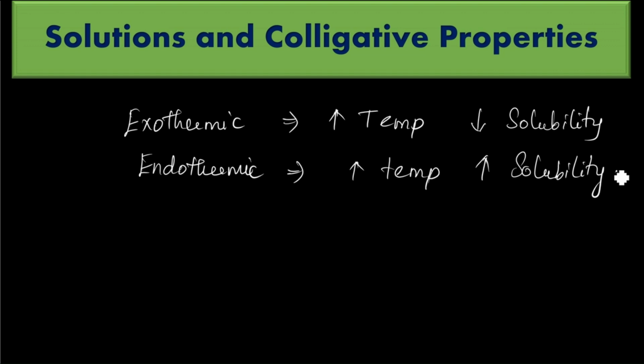Next, concentration. Why is that so important? Because to know about the solubility, we have to know the concentration. What are the concentration terms we have? We already studied in your 11th class about the concentration terms.